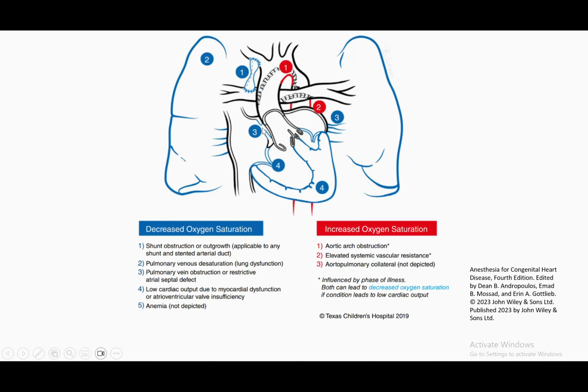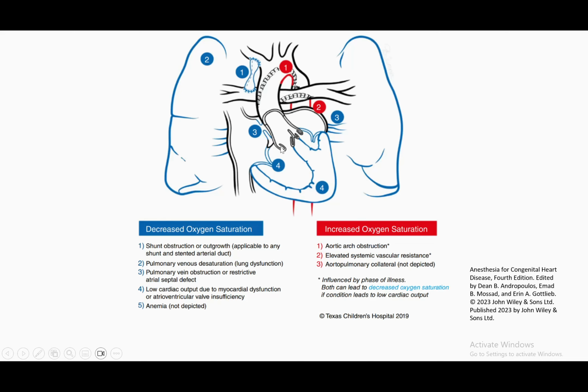Maybe the patient overgrew the ASD that was left for him when he was a neonate. A low cardiac output due to myocardial dysfunction, or anemia.